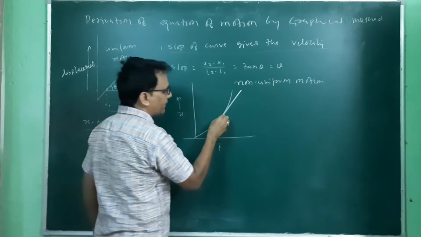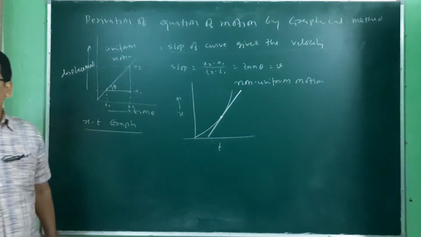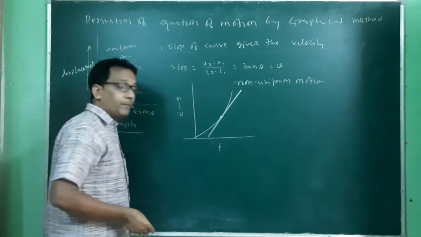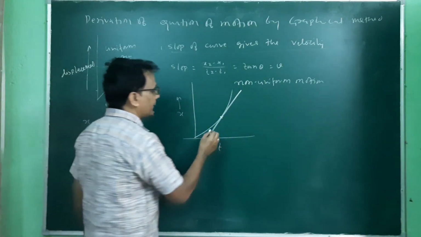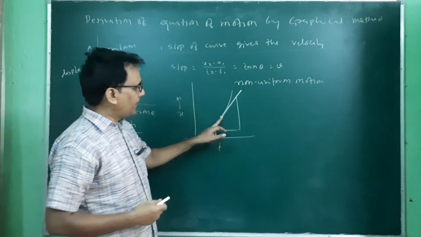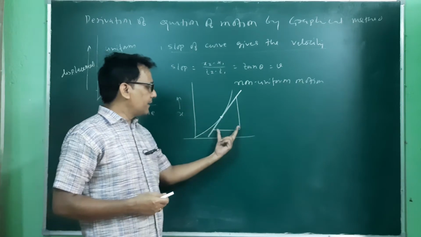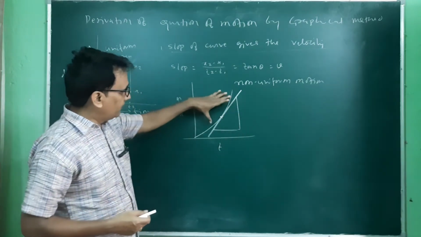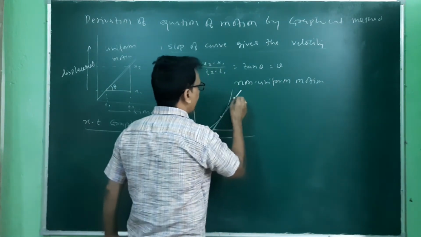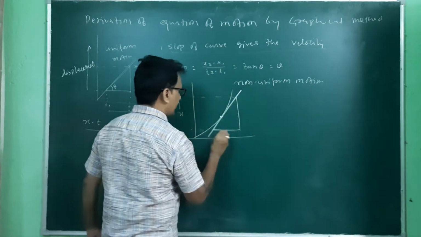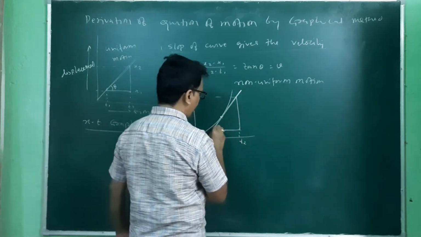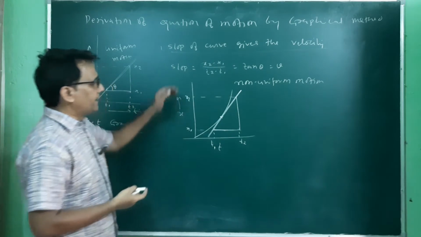So this is the point where we are trying to draw the tangent. This is the straight line touching a particular point. So here the slope will be like this. By taking this point at almost the middle of this curve, with that tangent line, this is x1, this is x2, this is t2 and this is t1, and the formula is there.